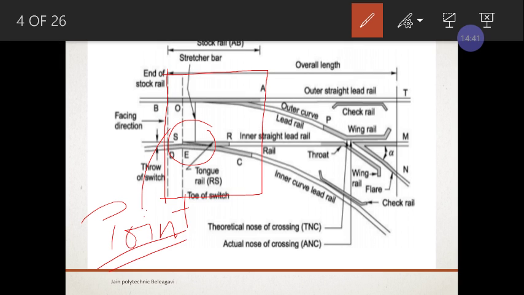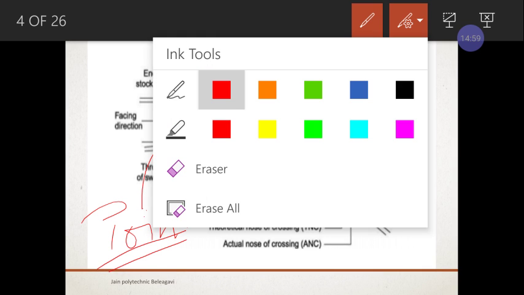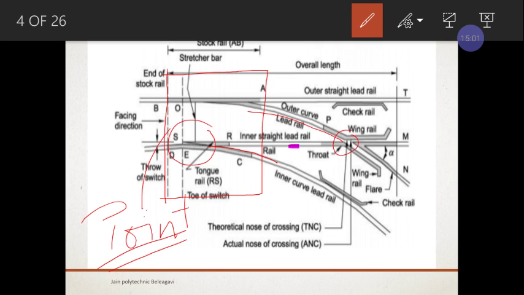And the devices used to allow the crossing of rails, where rail obstructions may occur at this point, right? When you try to move the train in this direction, this perpendicular rail may try to obstruct it.